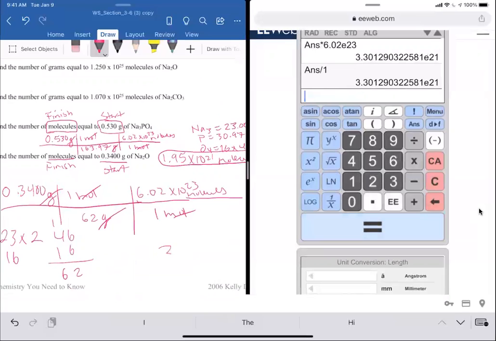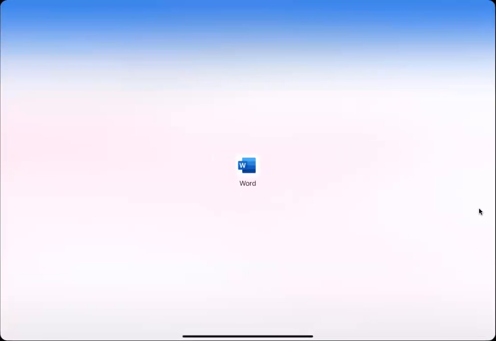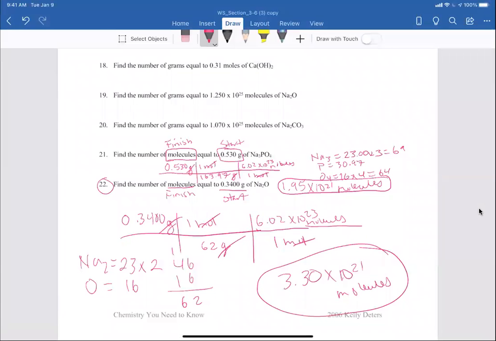And we should get 3.30, because the 1 doesn't make the 0 round anywhere, times 10 to the 21st molecules. Okay. Are there any questions?